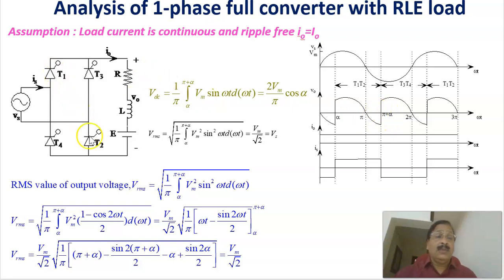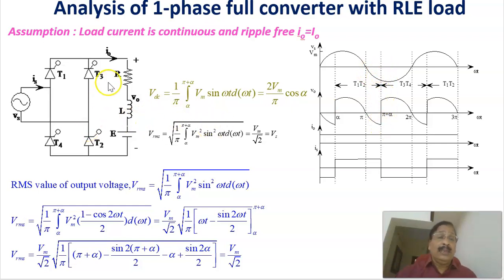At pi plus alpha, T3 and T4 are turned on, because during that period it is the negative half cycle of the input, and the voltage here is positive with respect to here. Therefore, T3 and T4 are forward biased from pi to 2 pi, and we fire them at firing angle pi plus alpha.